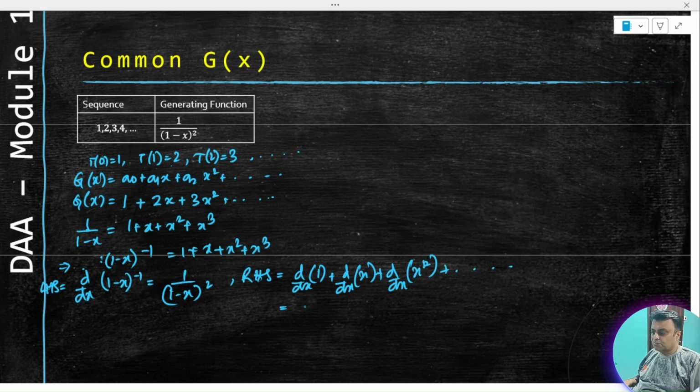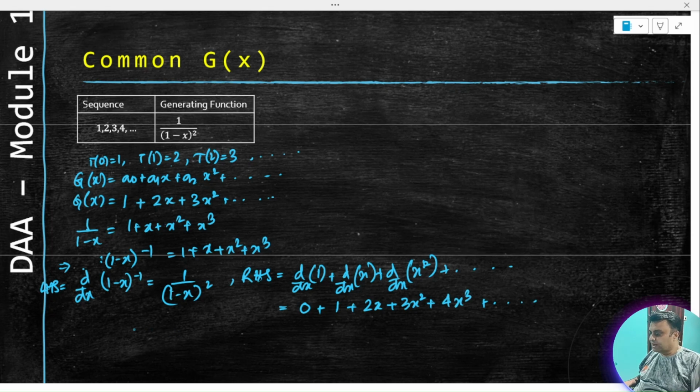So ddx of 1 is a constant, so it becomes 0. ddx of x is 1, ddx of x square is 2x, and ddx of x cube is 3x square. So that way what I'm getting is 0 plus 1 plus 2x plus 3x square plus 4x cube. This is what I will be getting.